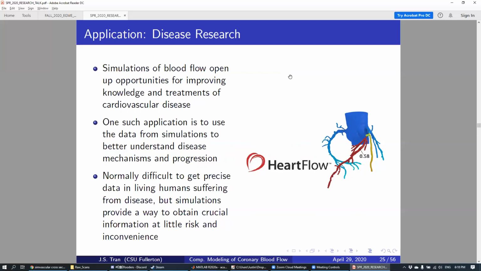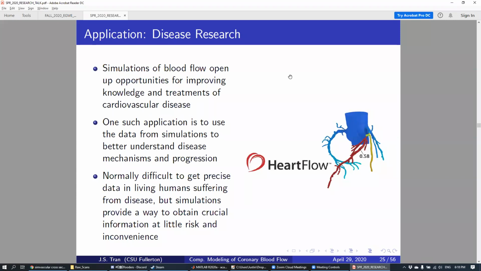But with simulations, we can simulate that entire process of taking a relatively healthy blood vessel and then the plaque building up on those vessel walls, right? So that's never been seen before, at least not in a realistic geometry.